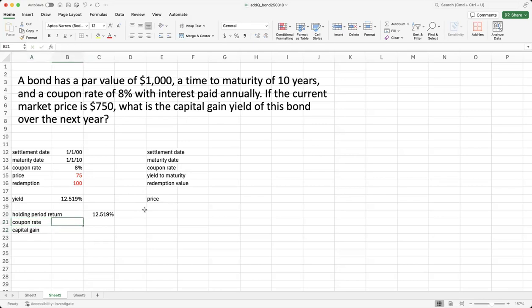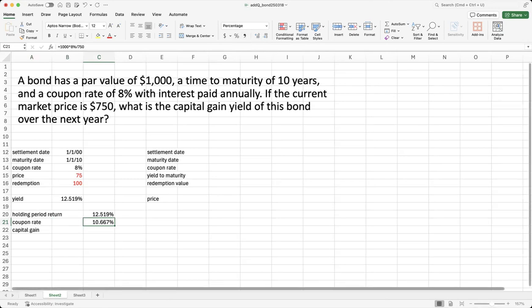So how much of that comes from the coupon? You hold a bond that's worth 1,000. The coupon rate is 8%. And the current price is 750. So the rate of return you get from the coupon is the current yield of the bond, and in this case equals 10.667%.